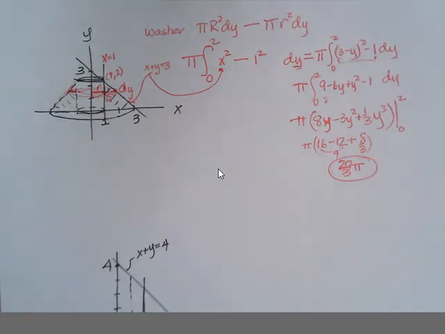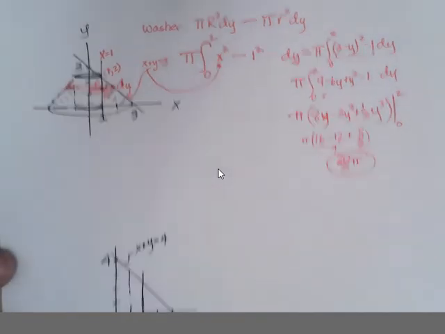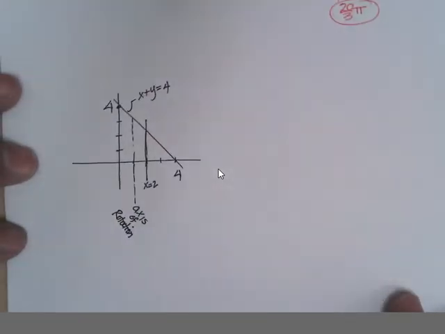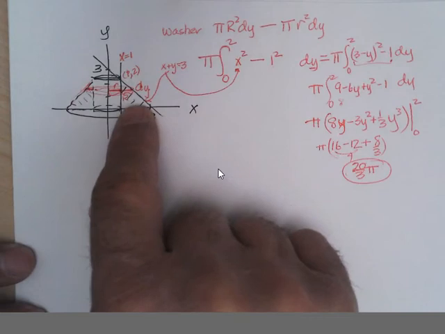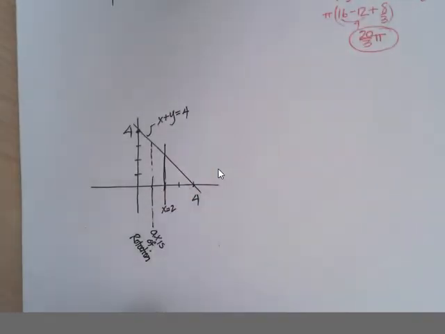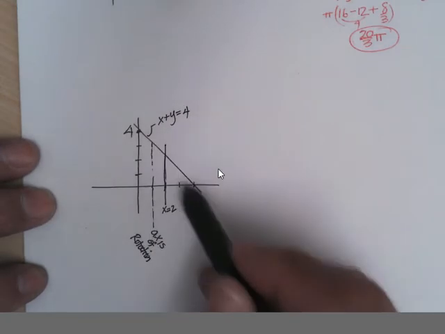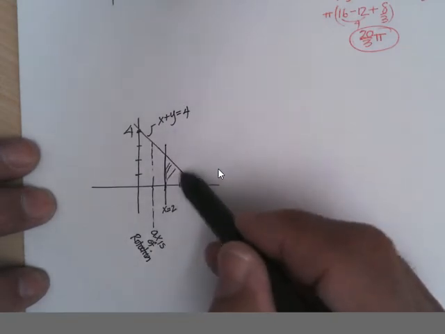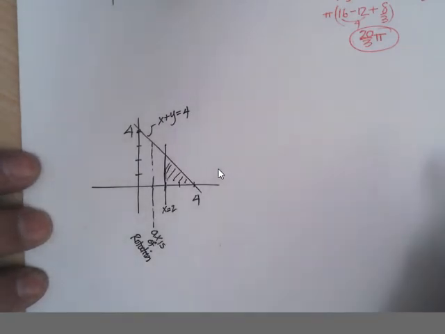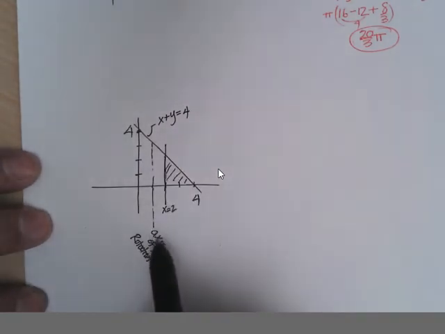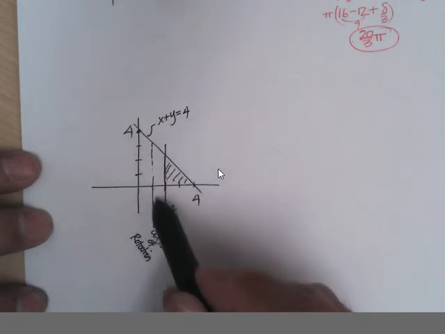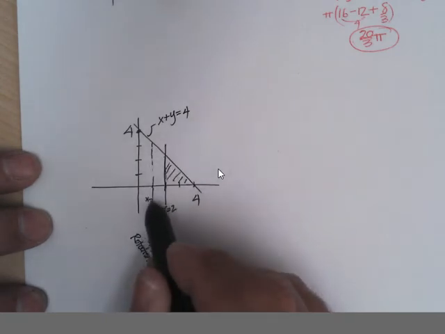Okay. Now, I'm going to do a very similar problem. I'm going to take this shape and shove it over 1. So now my equation, instead of x plus y equals 3, is x plus y equals 4. It has that same shape, but I want to revolve it around the axis of x equals 1.